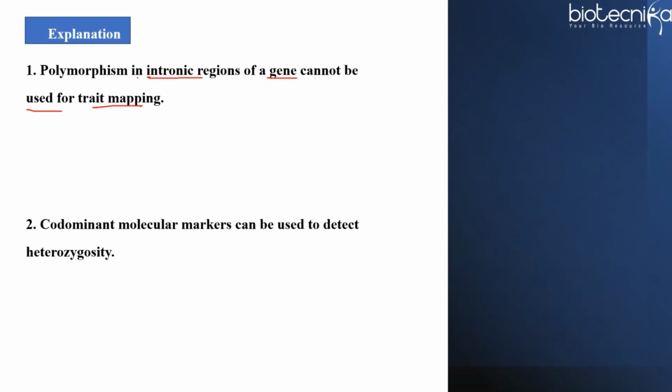Introns are the non-coding regions within a gene and they do not code for any protein, but they can contain important regulatory elements and variations. What kind of variations? Single nucleotide polymorphisms, deletions, insertions, and even other variations might occur in the intronic region.